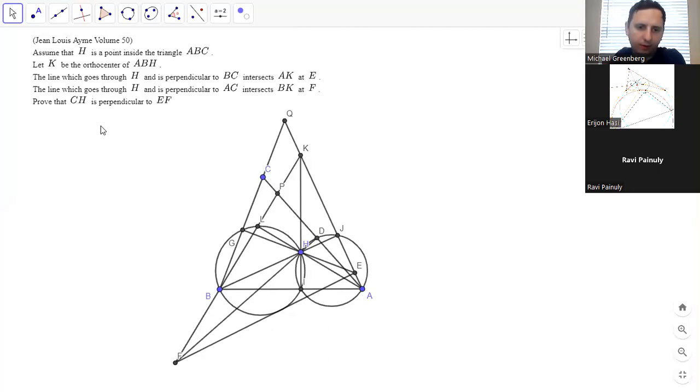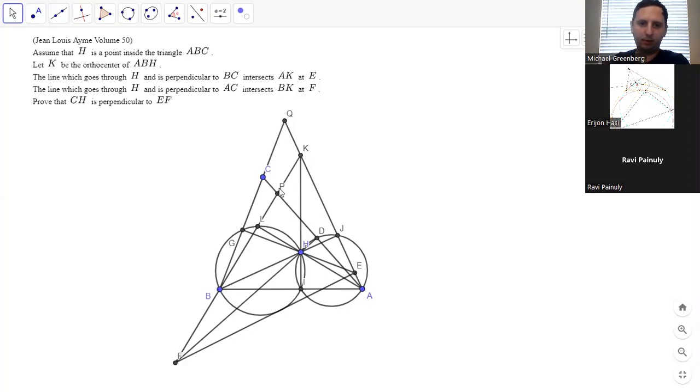So Q is the orthocenter of BHE. So we can find the angle that PH makes with AF, and then the angle that QH makes with BE is 90.